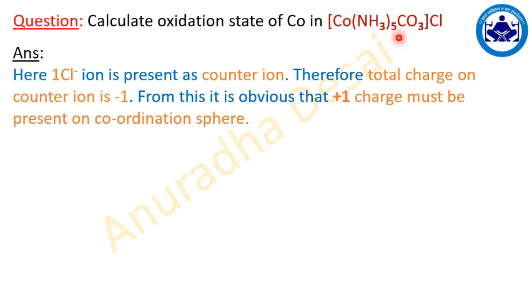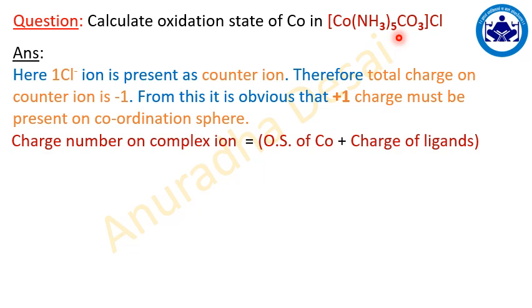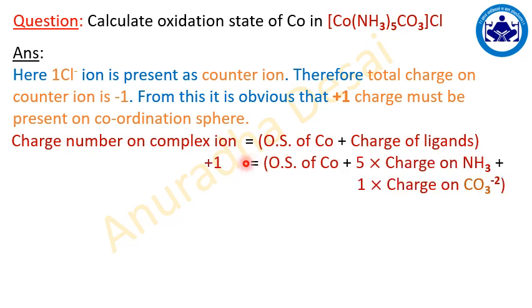Now I can write down the formula, that is charge number on complex ion is equal to oxidation state of Co plus charge of ligands. I'm going to substitute the values. +1 is equal to oxidation state of Co plus 5 multiplied by charge of ammonia plus 1 multiplied by charge on carbonate ion, because 5 ammonia molecule and 1 carbonate ion is acting as ligand.